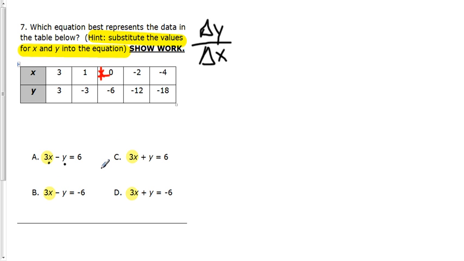Now, there's something else I want you to look at. So if I'm looking at choice A, I have 3 times 0. 3 times 0 is 0 minus, and then for the y I have to use negative 6. So I'm going to use negative 6.